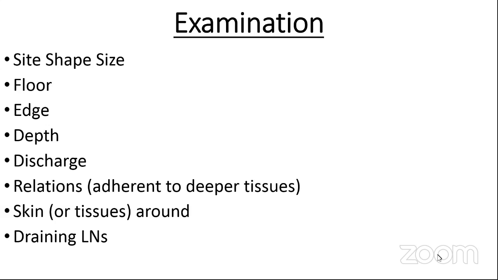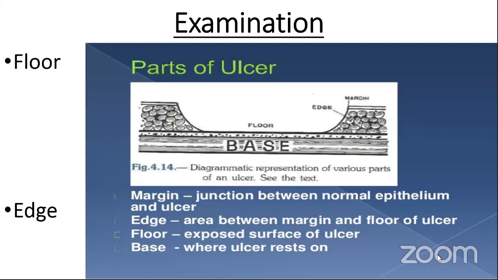Now we will discuss each thing in detail. This is the diagrammatic representation of an ulcer. Look at this. This is the ulcer. The floor is what you see. Base is what you feel. Now, the margin of an ulcer is the junction between the normal epithelium and the ulcer, right?